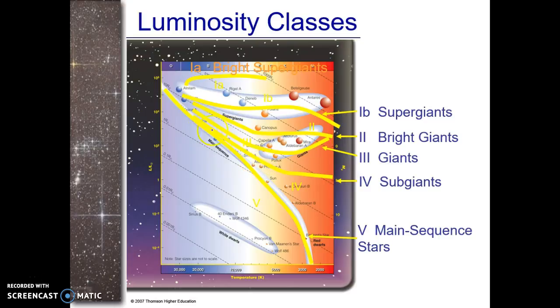Okay, so they're all right along that line. Okay, so what this is telling us is that we can look at a star spectrum and tell roughly about how big it is based on how wide or how narrow the spectral lines are. Okay.